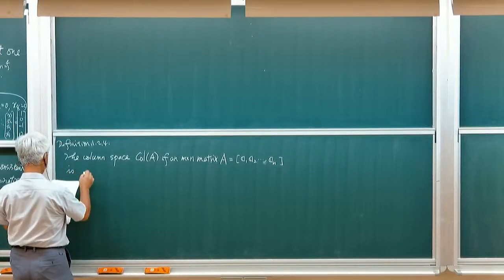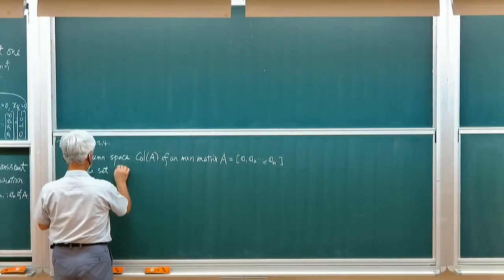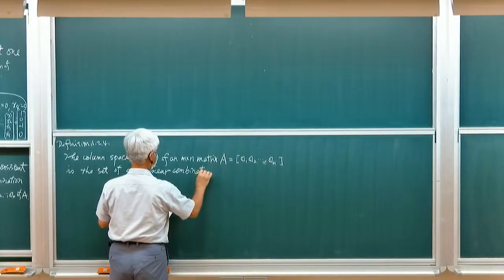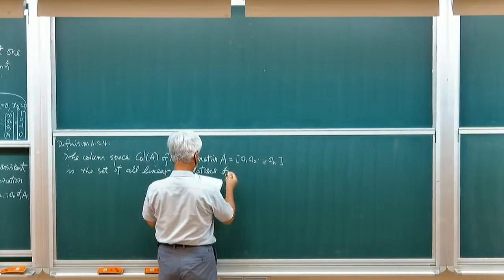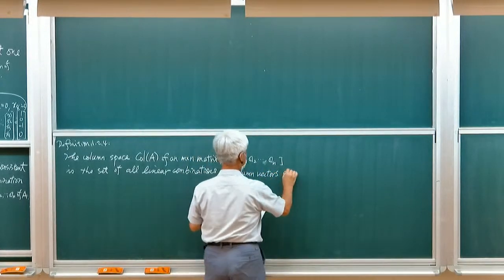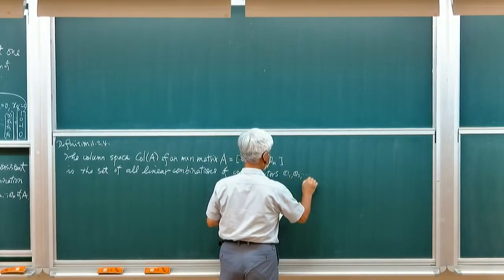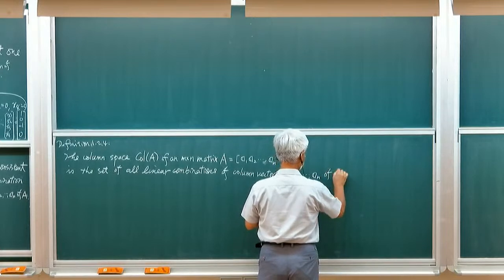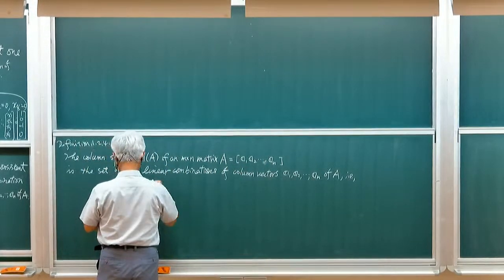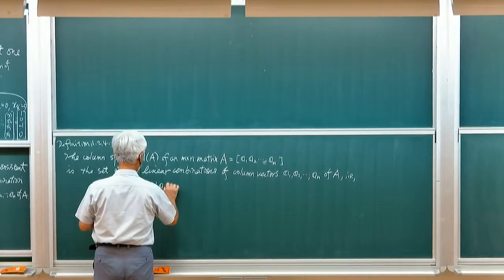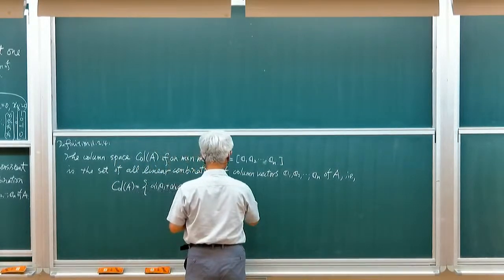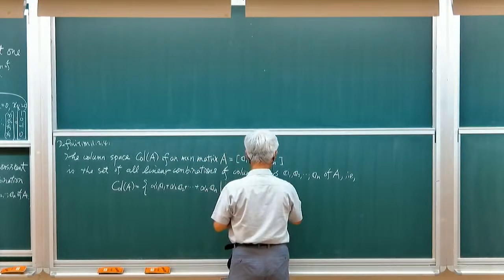So now the column space is the set of all linear combinations of the column vectors A1, A2, up to An of A, i.e. with the set notation, the set of alpha 1 A1 plus alpha 2 A2 plus ... plus alpha n An such that alpha 1, alpha 2, up to alpha n are scalars.